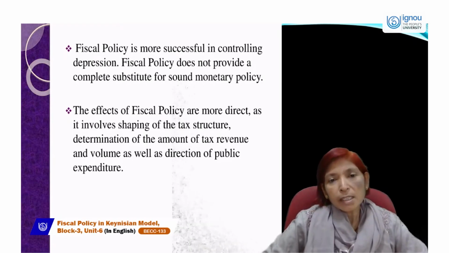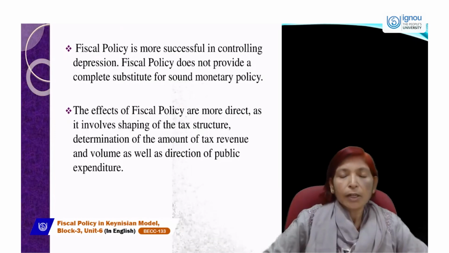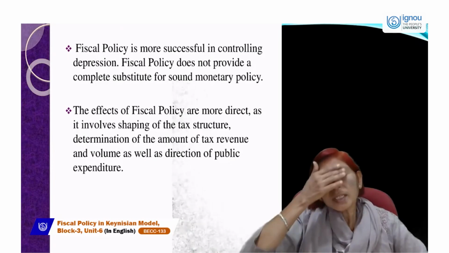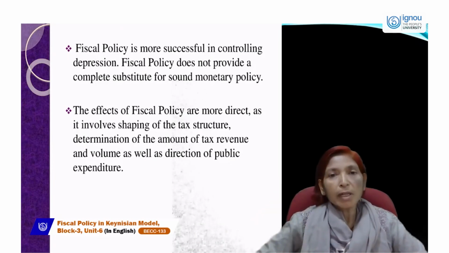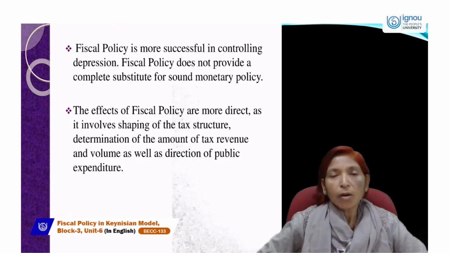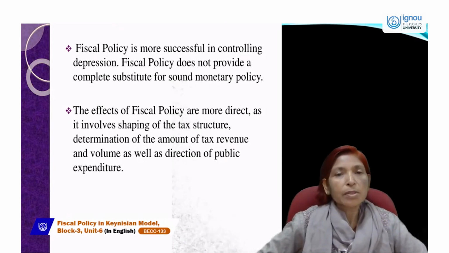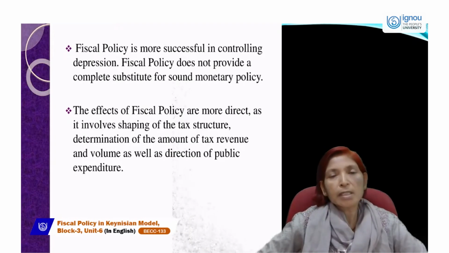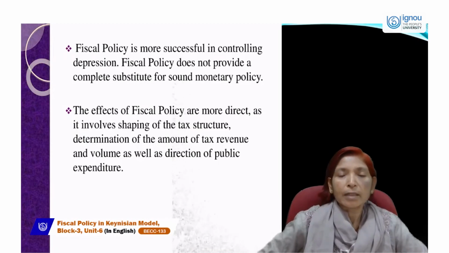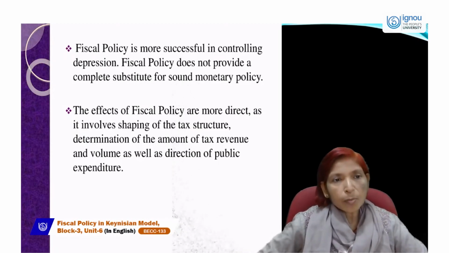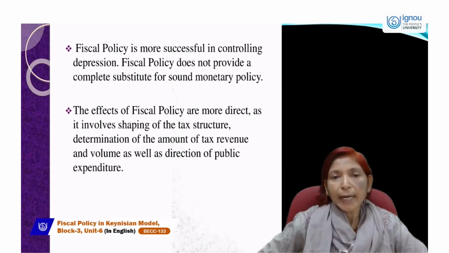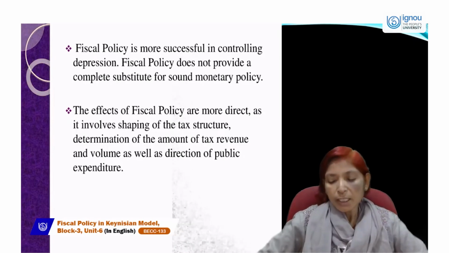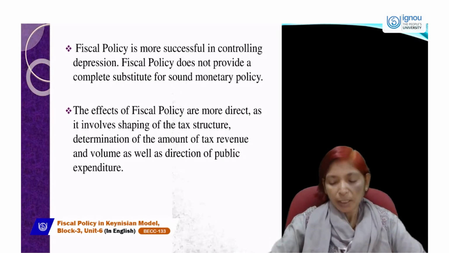Due to the increase in purchasing power, their demand will increase, and due to the increase in demand, producers will be motivated and the economy will grow. Producers will produce more goods and services. Employment opportunities and income opportunities will be generated, and the economy will grow at a much faster rate. So fiscal policy impacts are very direct, and it is very necessary for achieving the goals of the economy.